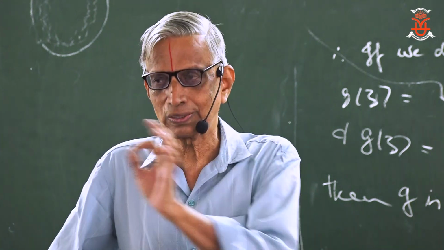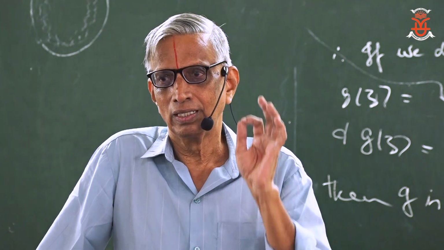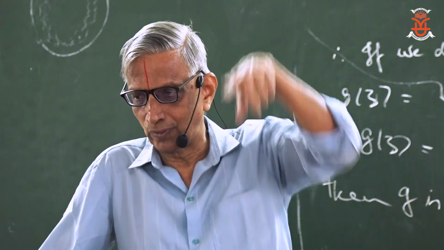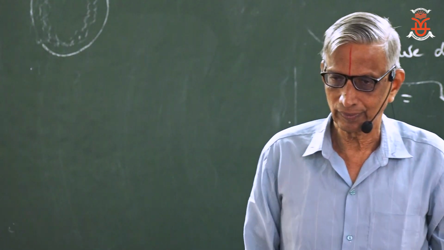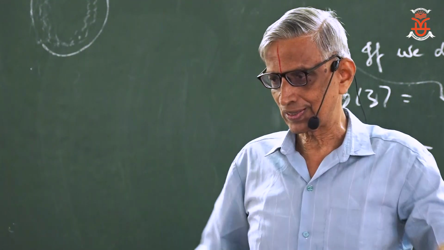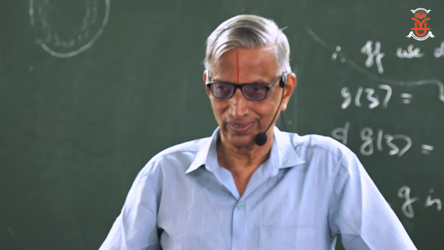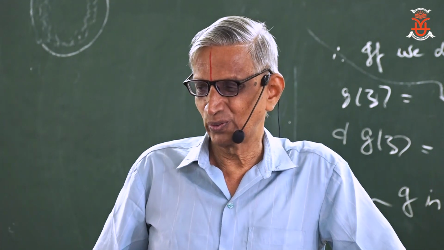Right? F from the closed disk to the closed disk such that f of z equals z on the boundary, identity on the boundary, leaving all points on the boundary fixed. There is no such continuous map. This is what is called the no retraction theorem.